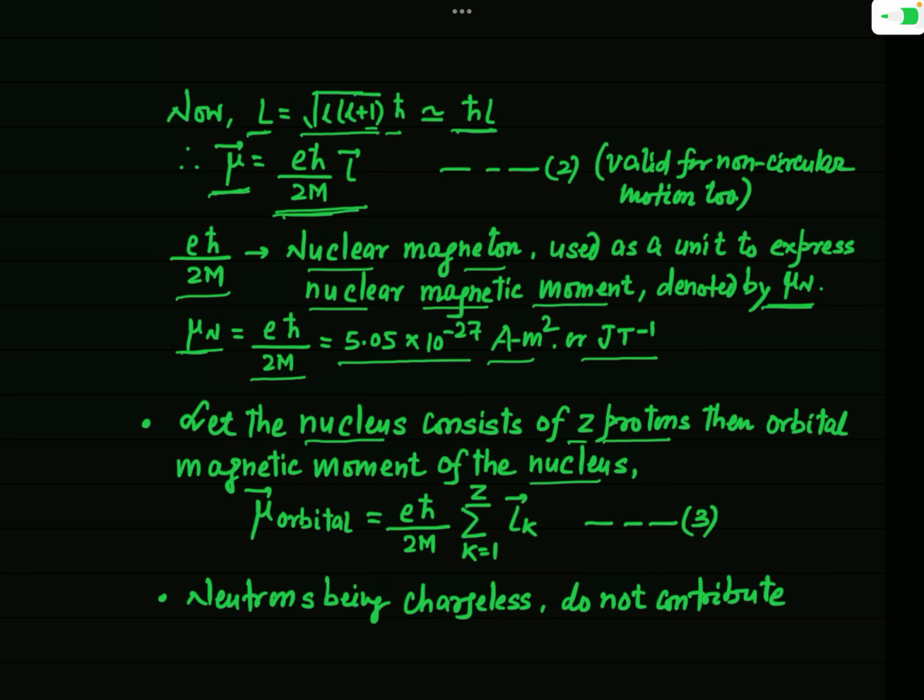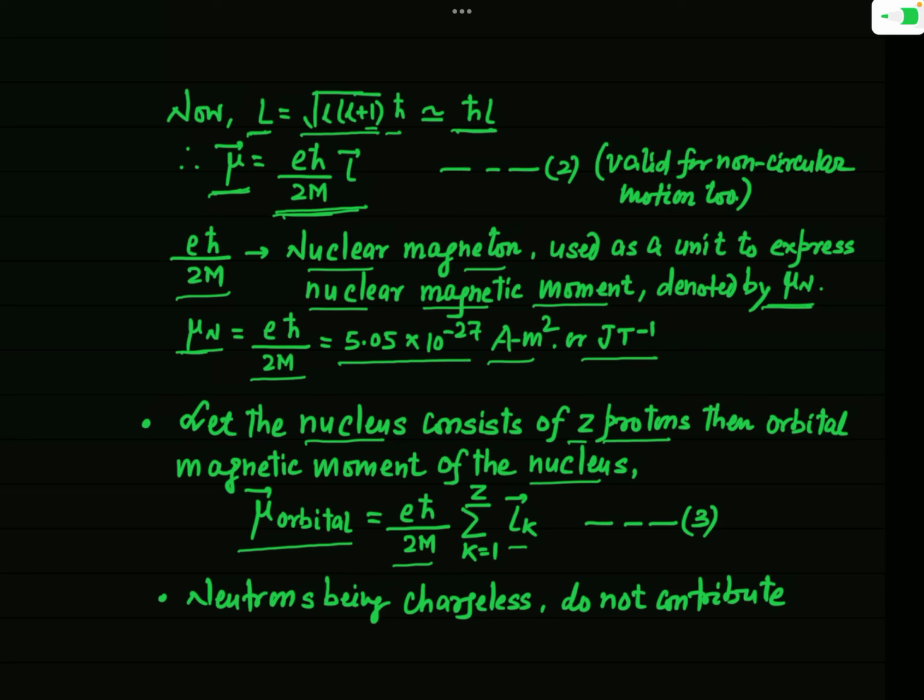So the orbital magnetic moment of the nucleus, that is mu orbital, will be equal to e h bar over 2m times the summation over k from 1 to Z of Lk. In fact, here k runs from 1 to Z. So this is simply L1 plus L2 plus L3 up to LZ.